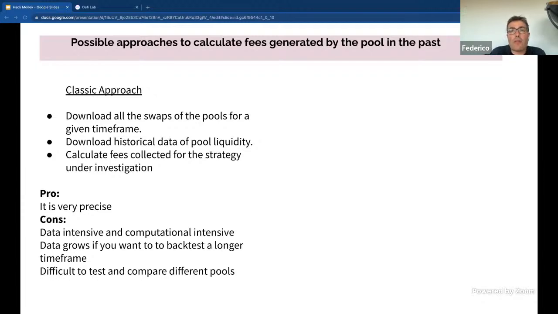For example, ETH USDC can be found with different fee tiers, or on different networks like Polygon, Ethereum, Optimism, and Arbitrum. So if we want to test the same strategy on these different variants, it would be very slow and cumbersome because we have to download all the data all over again.